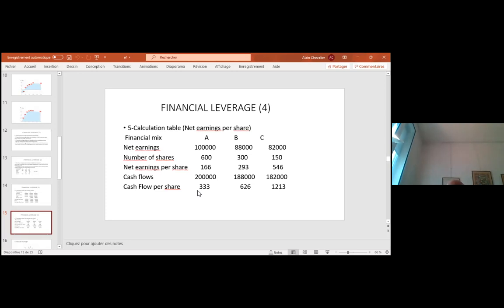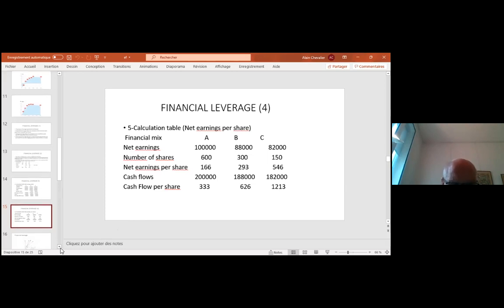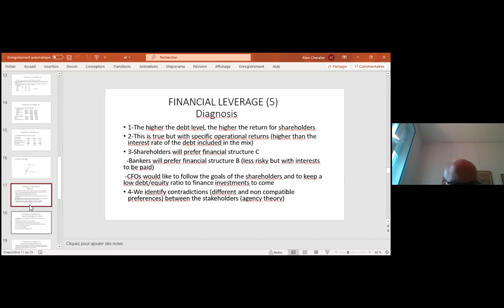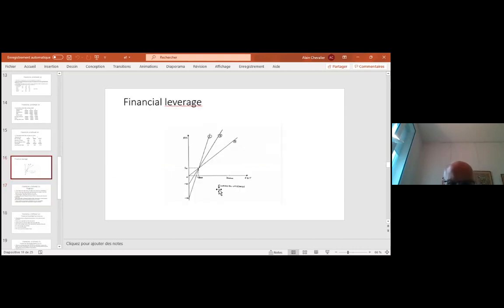So you understand, we are in the middle of a contradiction. And this is one of the many issues of the analysis of financial structure. Now, I tried to put on a sheet of paper the different elements here.